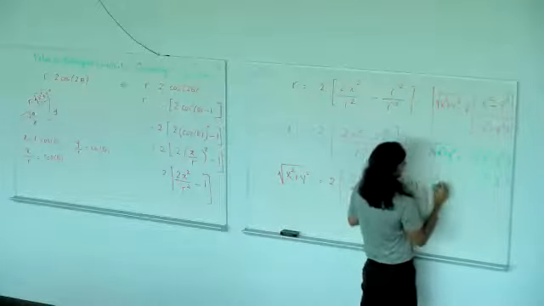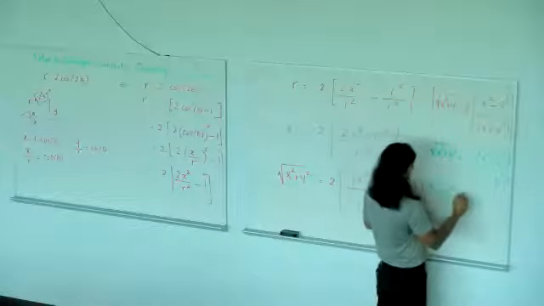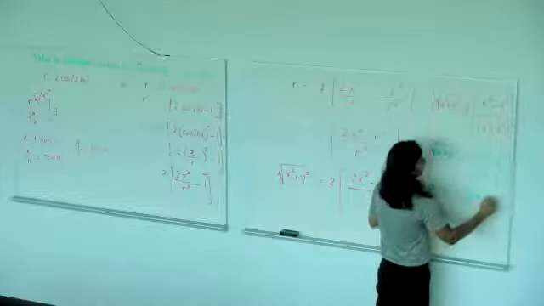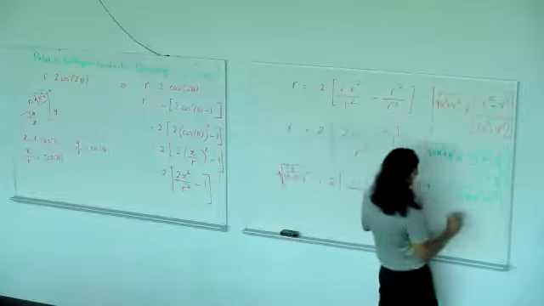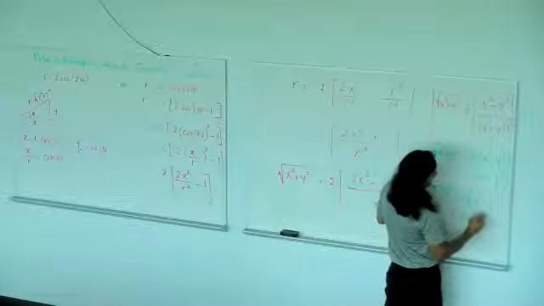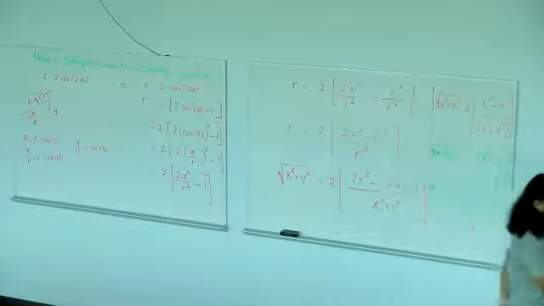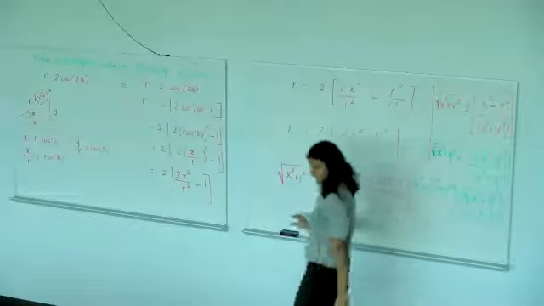Left-hand side, x squared plus y squared times the square root of x squared plus y squared. Right-hand side, I simply have 2 times x squared minus y squared. Of course, the denominator goes away because I multiplied by x squared plus y squared on both sides. Good.